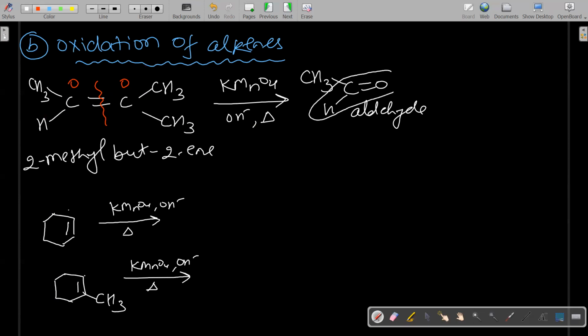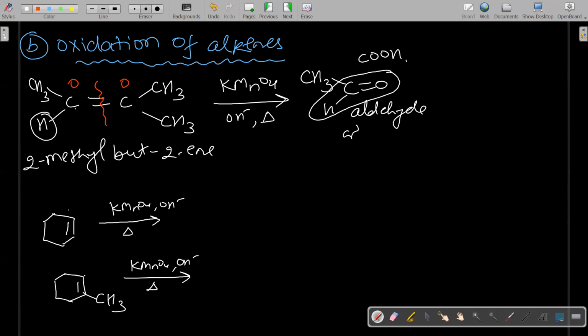This is the reason the aldehydic group further oxidizes into acid, that is carboxylic acid. So we do not get CHO. If the double bond carbon has one hydrogen, it will convert into aldehyde, but the final product which we get is acid. So this carbon gets oxidized into carboxylic acid.